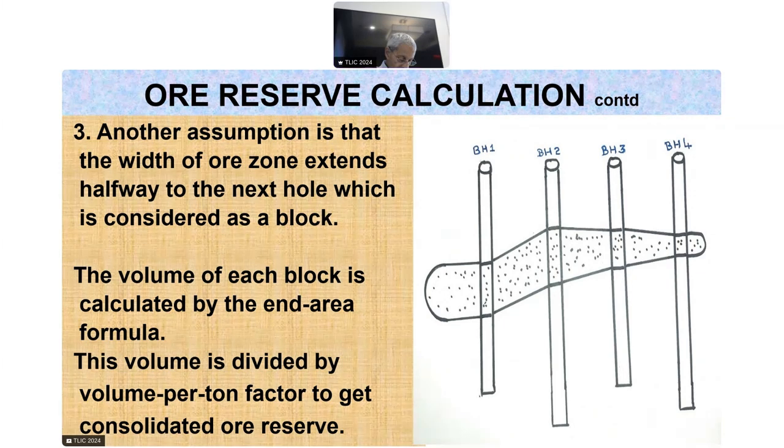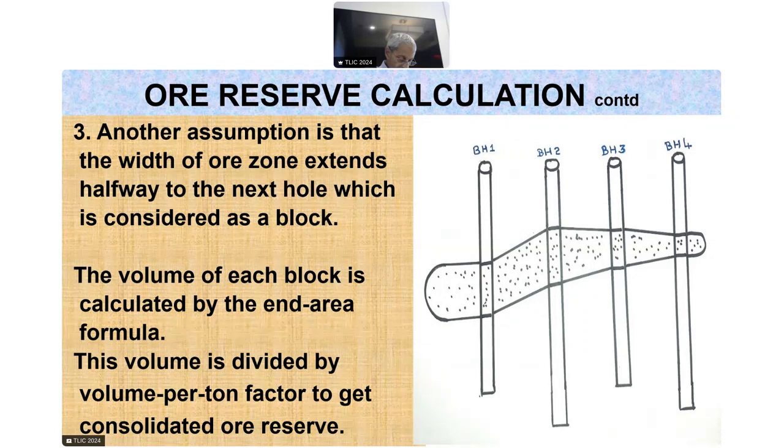One section of area and the second section of area, combined and divided by 2. So it is an arithmetic average you are calculating, the average area. Then the volume is the average area and the length between cross sections. So that gives the volume.